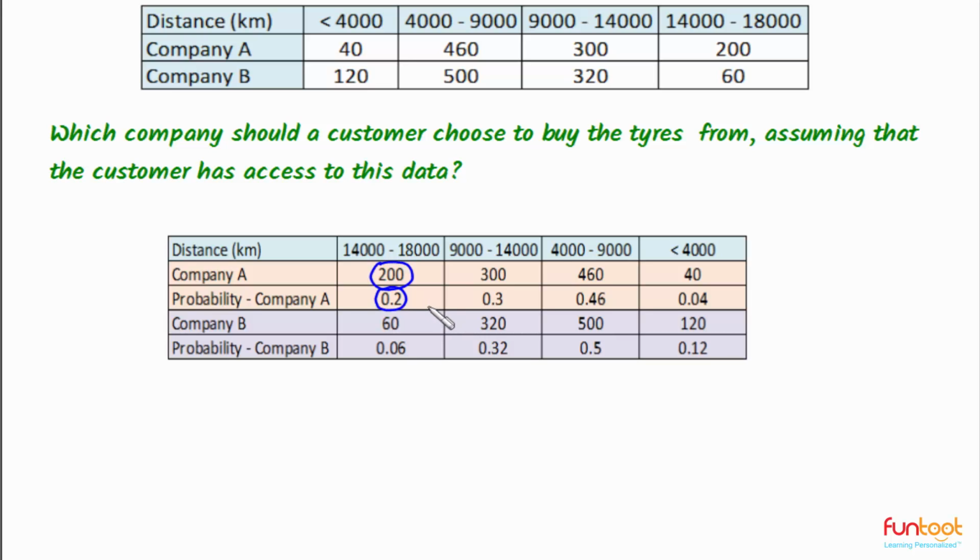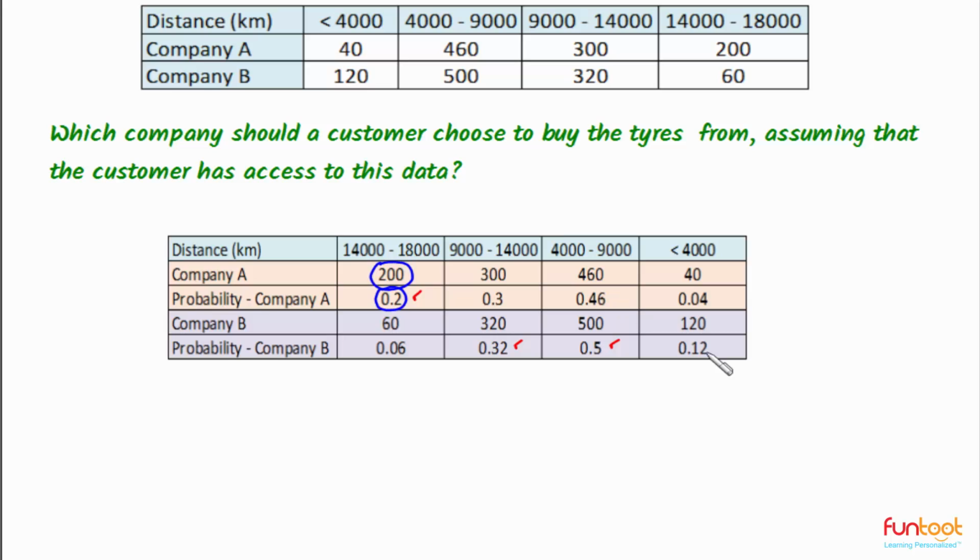So if we compare the probabilities, we can see for the interval of 14,000 to 18,000, probability is higher for company A. Then for the interval of 9,000 to 14,000, probability is higher for company B. Then for 4,000 to 9,000, probability is once again higher for company B. 0.5 is definitely greater than 0.46.